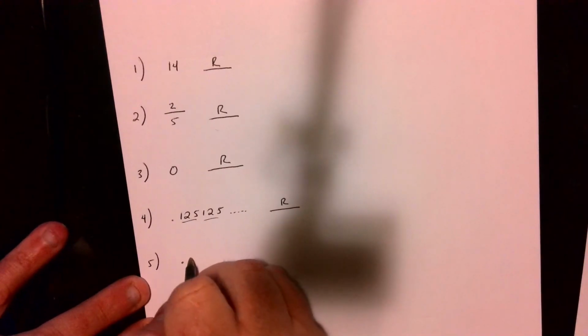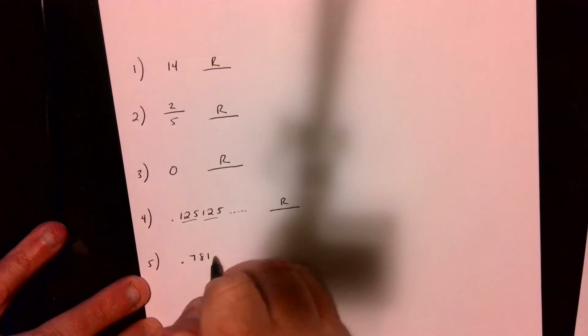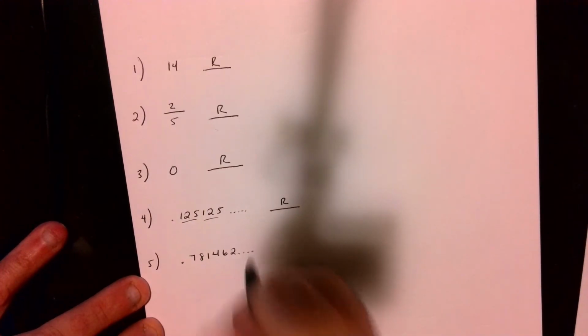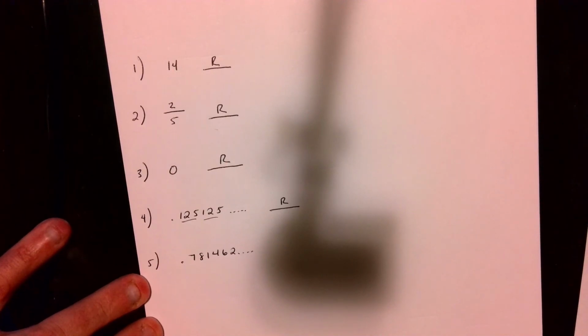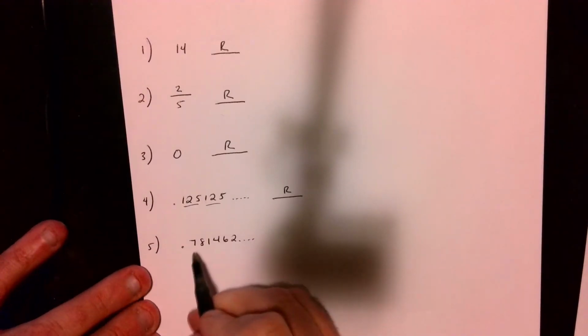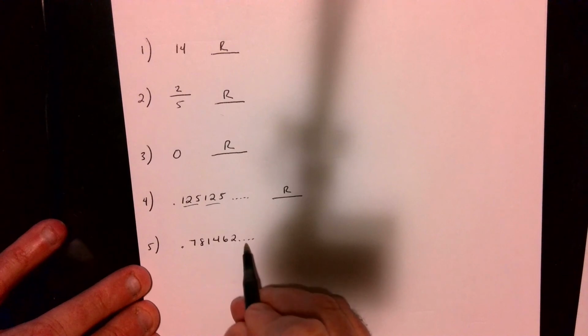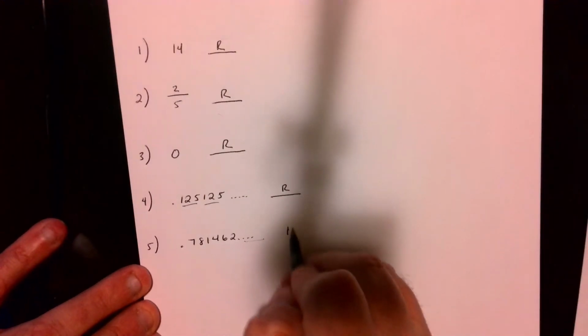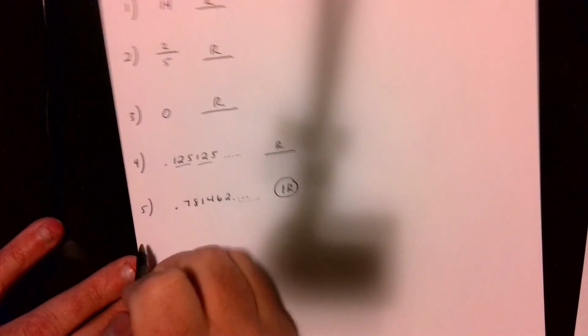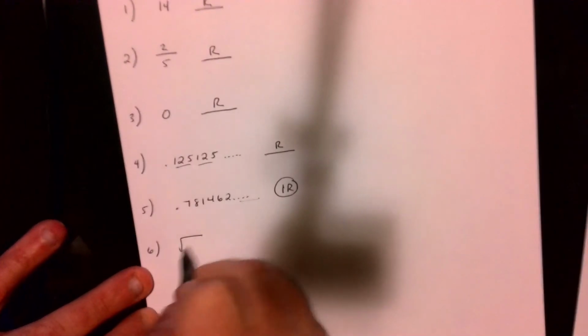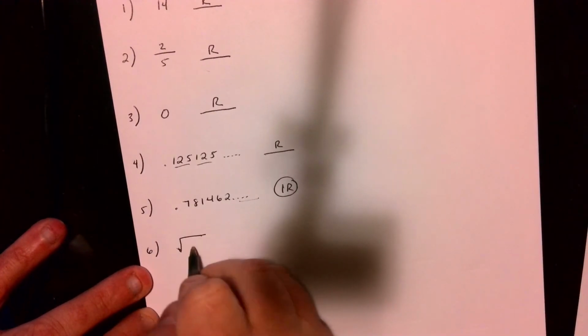Then they'll give you ones like 0.781462 dot dot dot. Oh, there is no repeating pattern, and it does go on forever. So this one must be irrational. And you'll also have some square roots in there, so once again you will need to use your calculator.